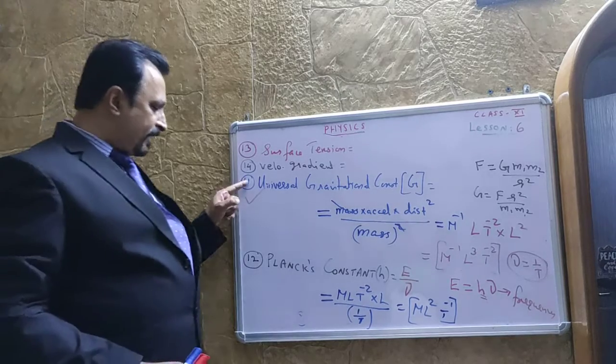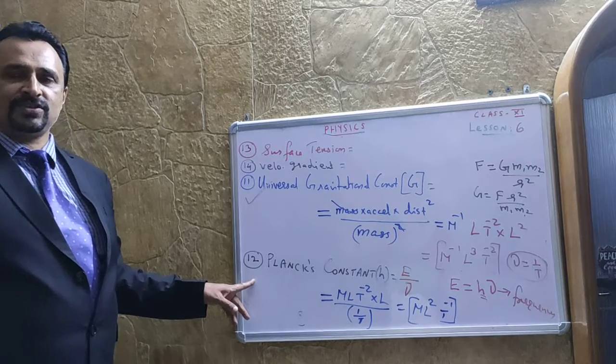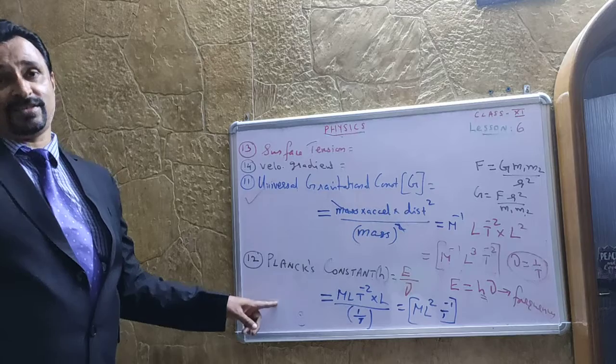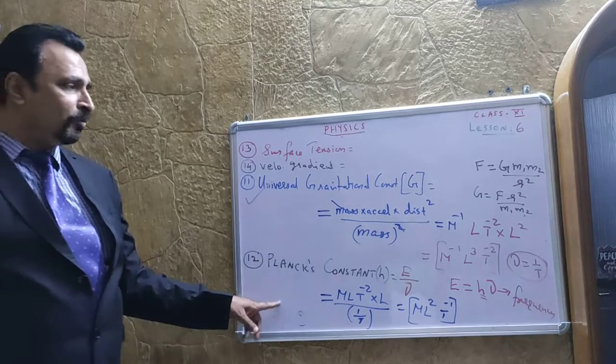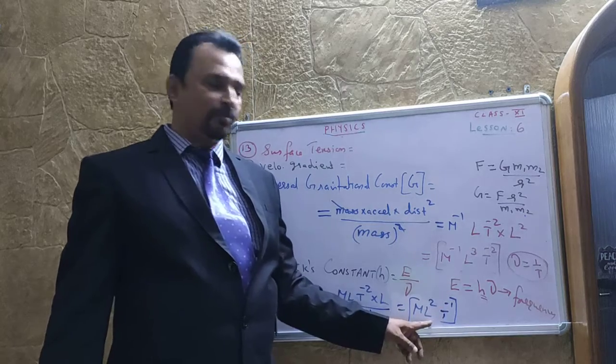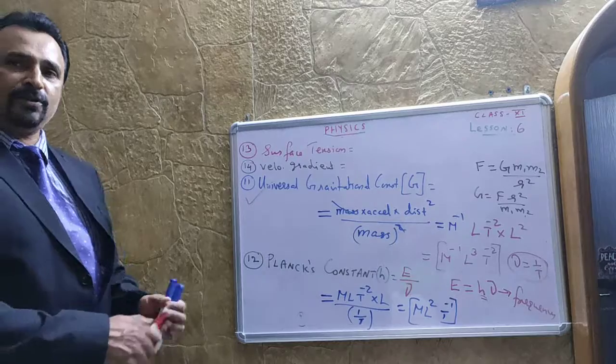Now you see 11 and 12. What similarity can you find in both the cases? Both are constants. Second similarity, both have dimension. Zero dimension is not there. Both the constants have dimension. So you frame a question for 11 and 12.